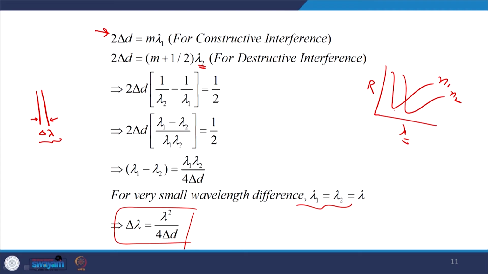So, you can measure which lambda is coming. Also, you can measure this delta lambda. If they are very close, you can choose a very sensitive method. You have to tune delta d in such a way that you know what is delta lambda, but this happens only for very close wavelengths. So, this can be used for high resolution sensors.